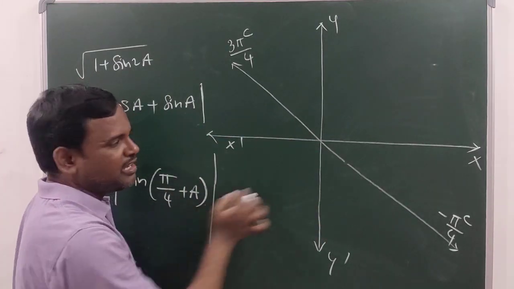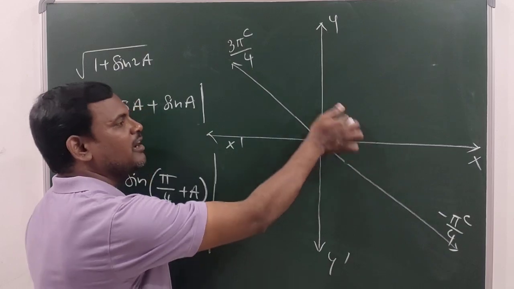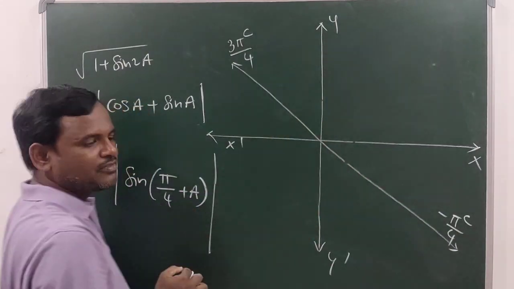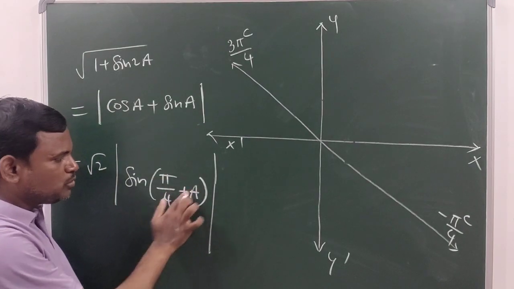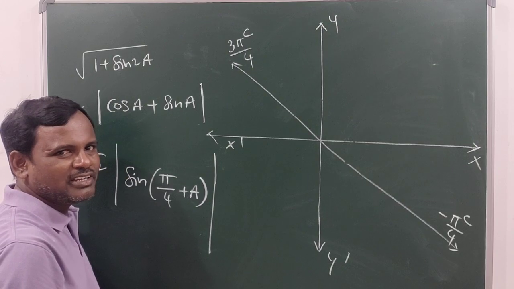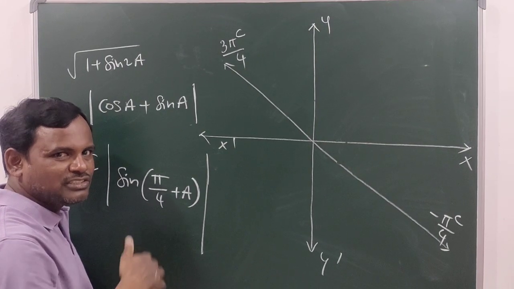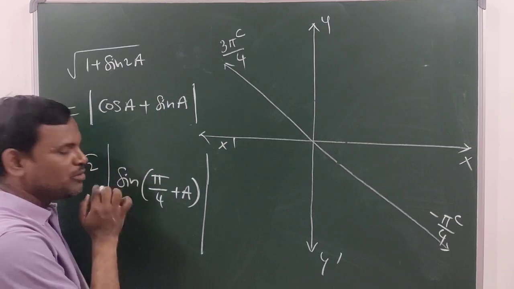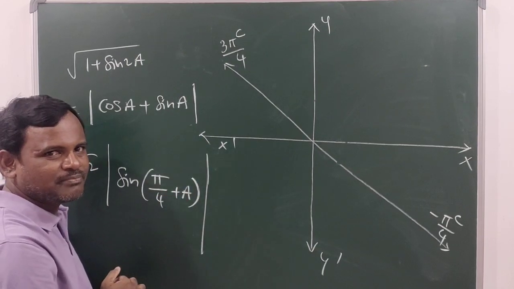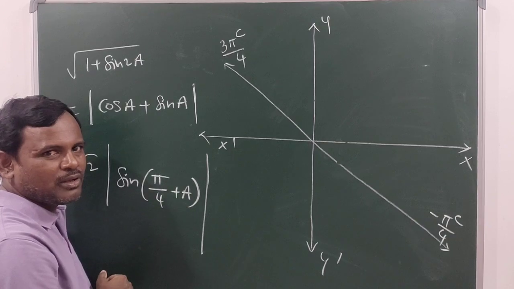See, no confusion here. Start from here and go like this. Take any angle here and write for A. So this total sum will be from 0 to 180. So in 0 to 180, sine will be positive in the first quadrant and second quadrant. So sine will be positive.